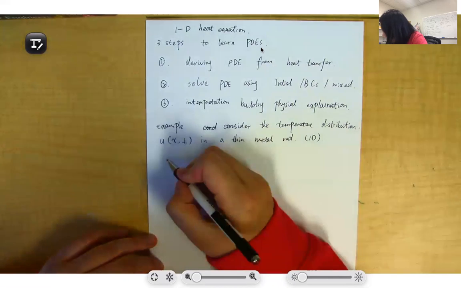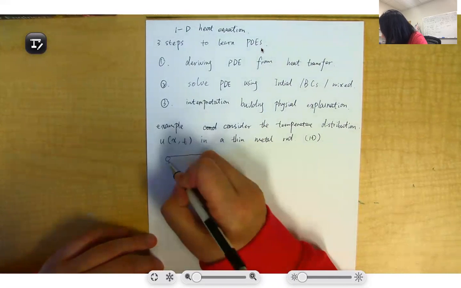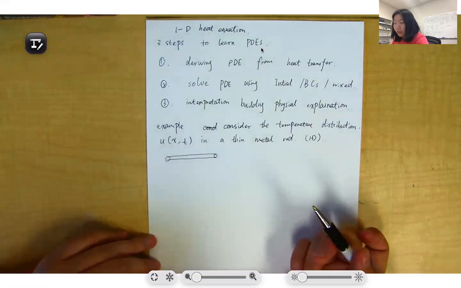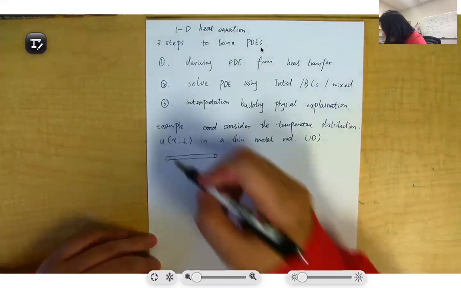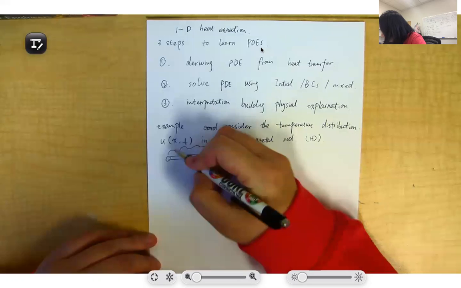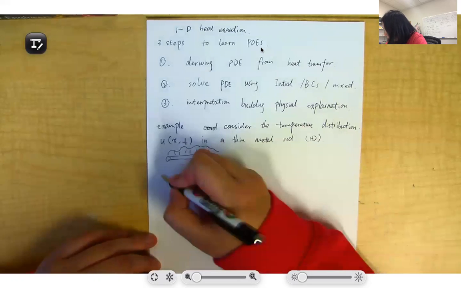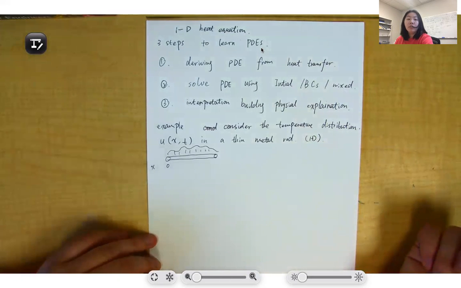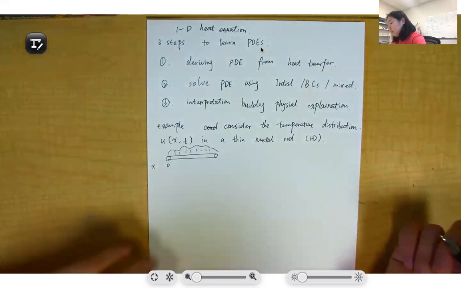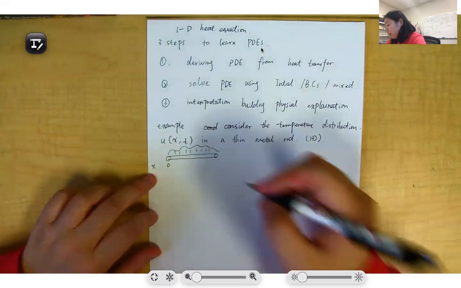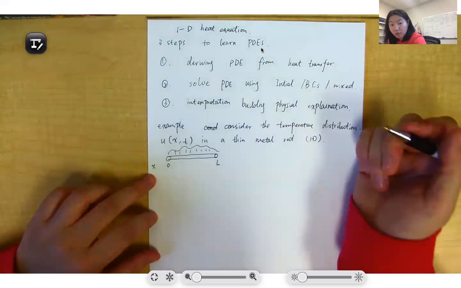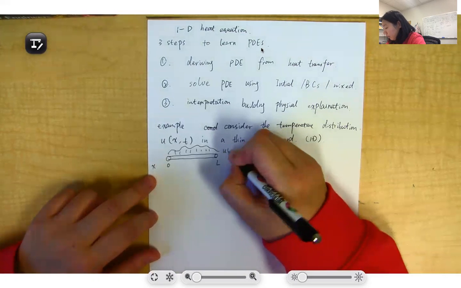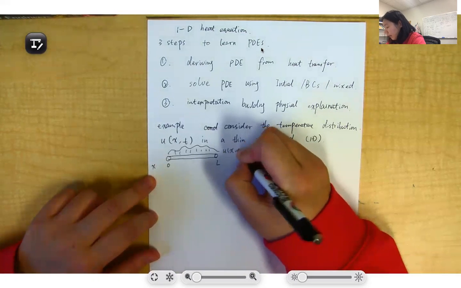So you have a thin rod and some function of the temperature as a function of space and time. The x direction, the 1D space, is from 0 to L, so the length of the rod is L. You have the temperature as a function of x and t.